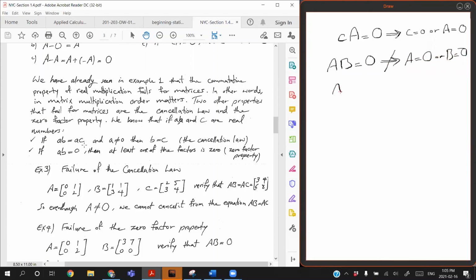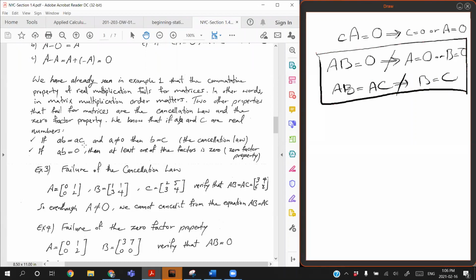And the other one is cancellation. AB equal to AC does not imply that B is equal to C. Okay, so these are the laws that fail. So this means it does not imply.